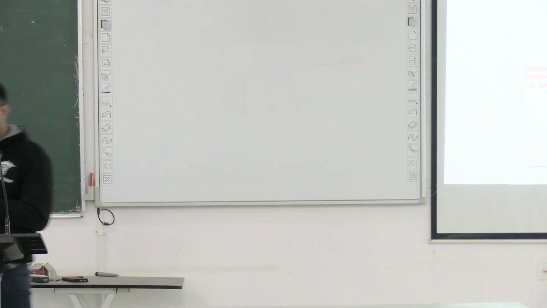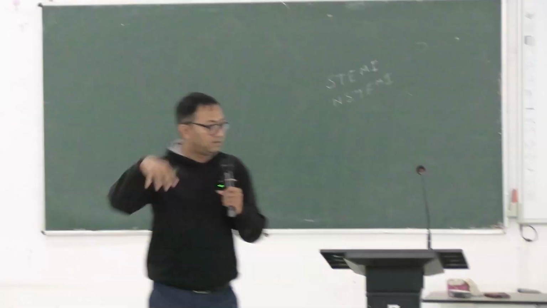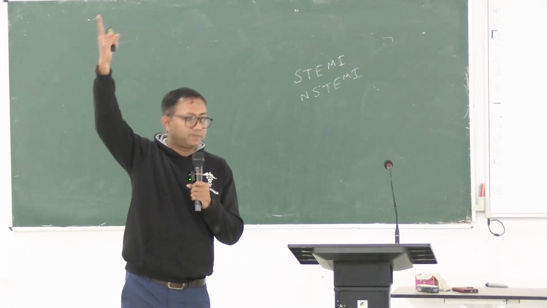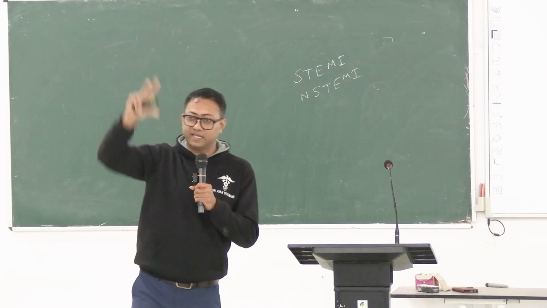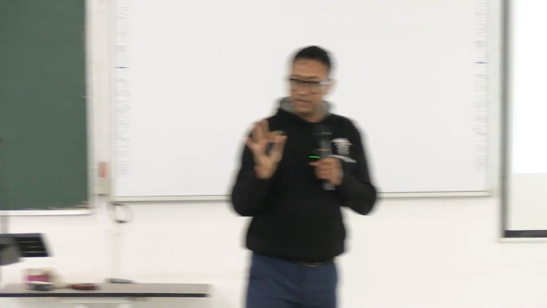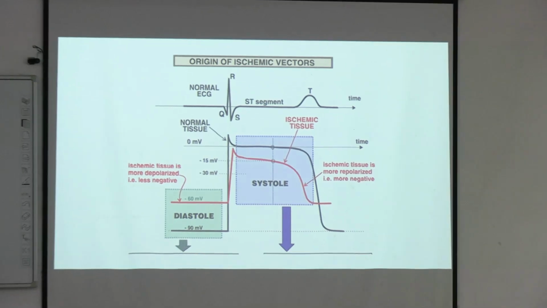So one, you are not going completely down, and on top, you are not going completely up either. So you are staying in between. So during diastole, it is more positive than the normal tissue. And during systole, it is more negative than the normal tissue. Clear?